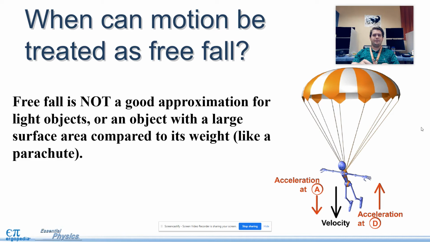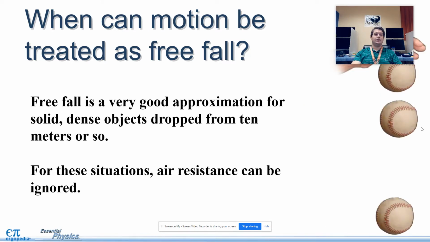In this class, however, we are going to treat just about everything as free fall, because I'll tell you right now, the calculations for determining air resistance and the force of air resistance, it's a mess, and you don't want to deal with it. So you're welcome. It's a good approximation for solid, dense objects dropped from 10 meters or so.